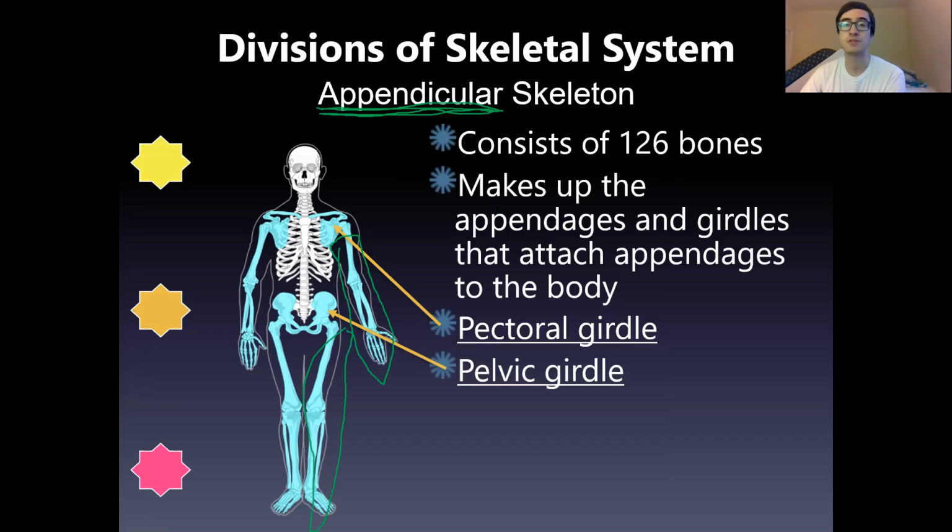But then we also have what's called the pectoral girdle, which is your collarbone and shoulder blade right up here on both sides. And then we also have what's called the pelvic girdle, which is just your pelvis, your hip bones, right down here at the base of your body, the base of your spine.